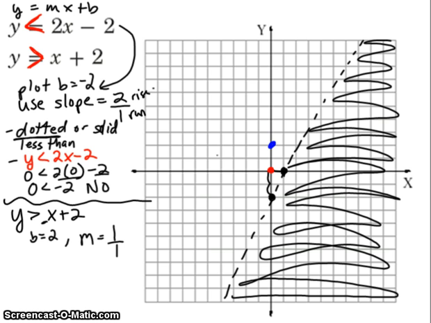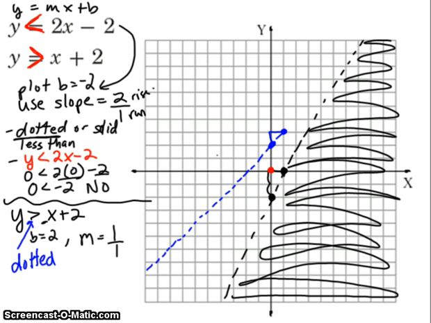Positive 2 is my y-intercept, and I'm going to go up 1 and over 1. Now, do I draw a solid line or a dotted line? Well, it's just greater than, so it's going to be dotted again. Remember, or equal to is solid. All right, so I'm going to draw a dotted line.